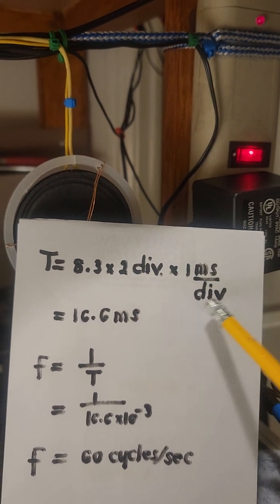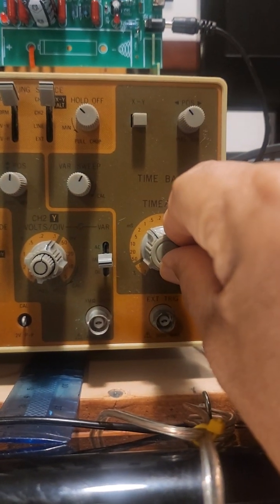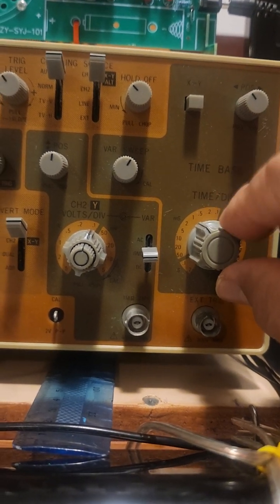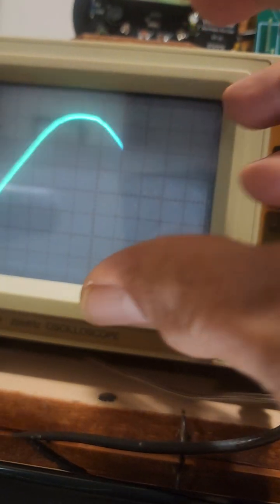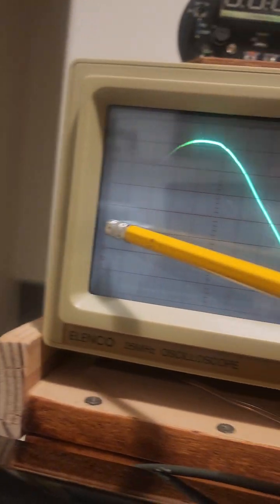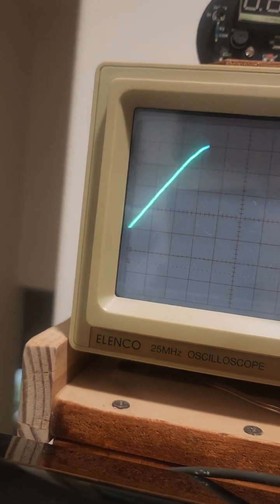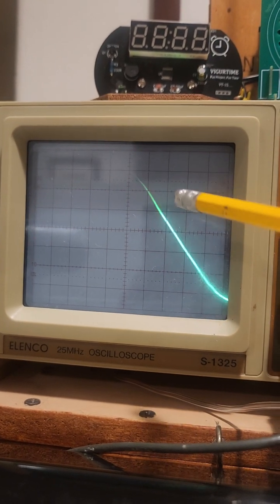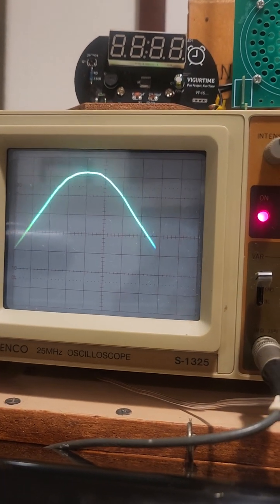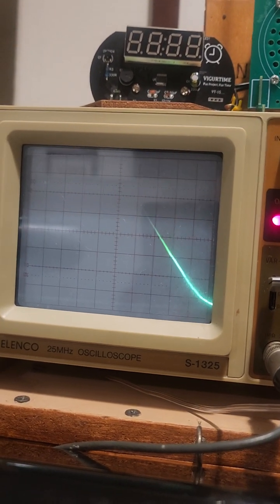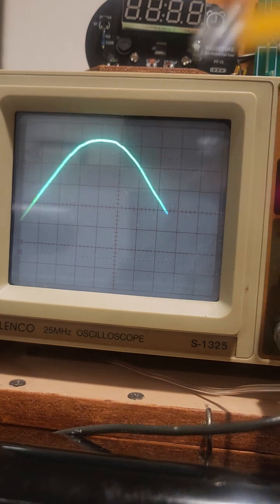Where does this come from? It comes from the setting here. When I set this to 1 millisecond per division, that's the graph of the output. And I counted 8 divisions from this point up to this, and that is a half cycle. So to get the time per one cycle, we will multiply that by 2.